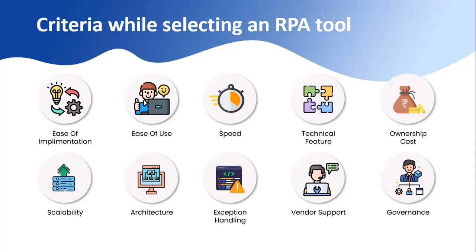Ease of implementation means, have you ever thought that even Chrome was not the first browser? 90% of people use Chrome. Have you ever thought why Chrome got so popular? Because of ease of use. It's easy to use. You are very comfortable with Chrome.